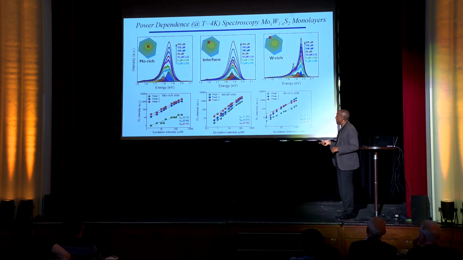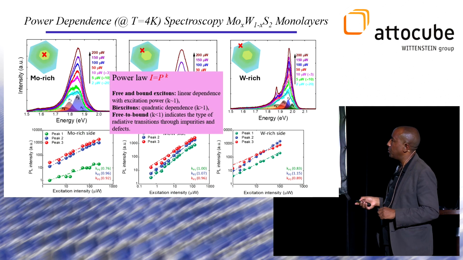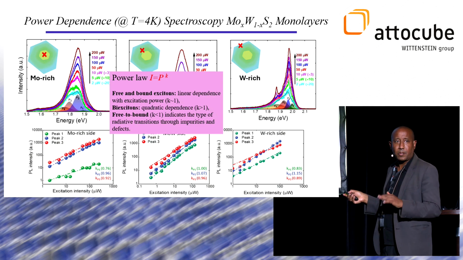And so if you now plot the PL intensity as a function of excitation intensity, you get these kinds of fits. And by using the power law, we can find these coefficients. And so for these first 3 peaks, P1, P2, P3, K is close to 1.